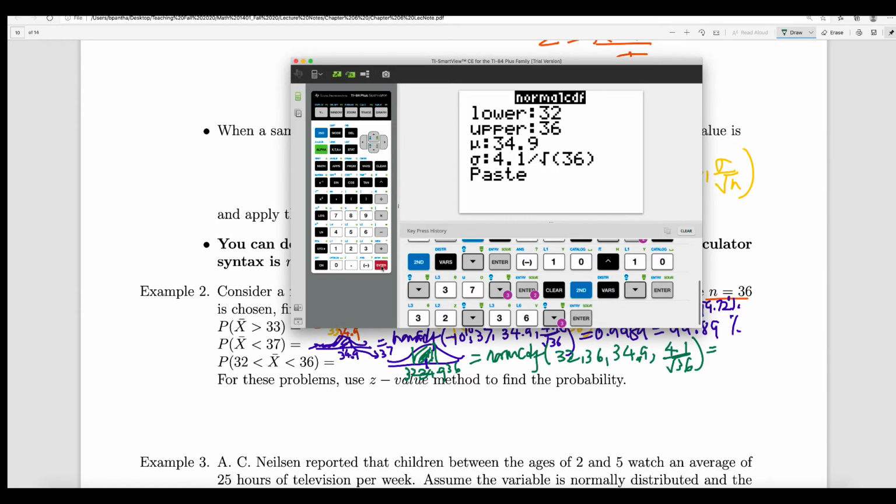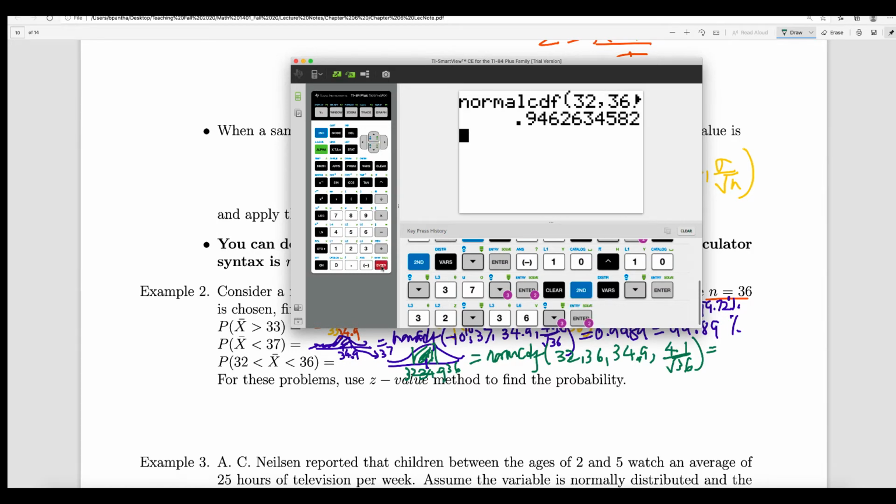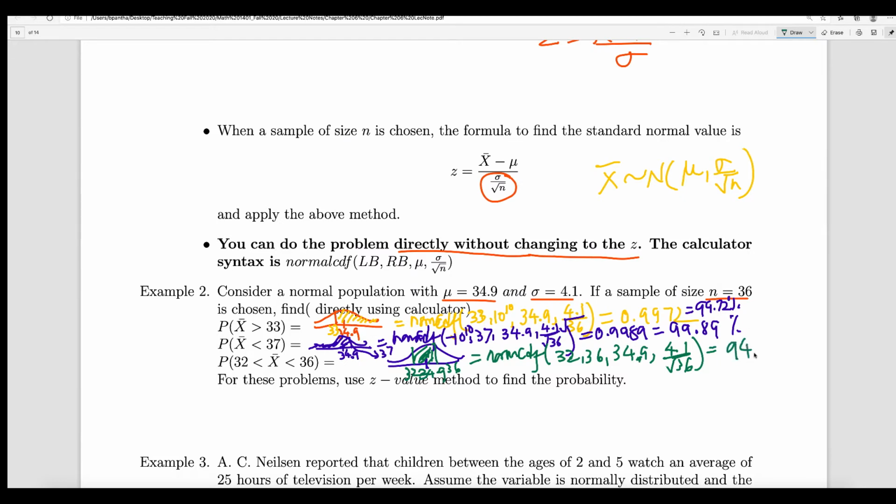And hit enter. You get 94.62%, or you can write 0.9462. What does that mean? That means there is a 94.62% chance that the average of those 36 samples will be between 32 and 36.